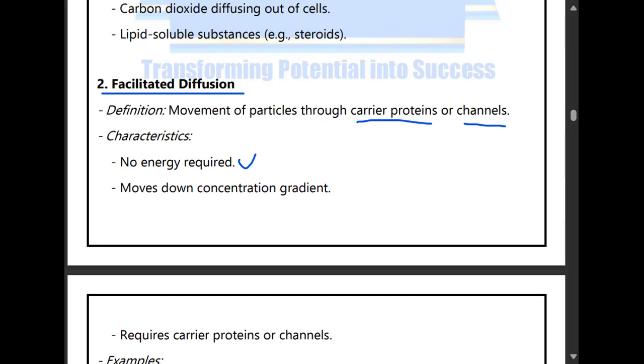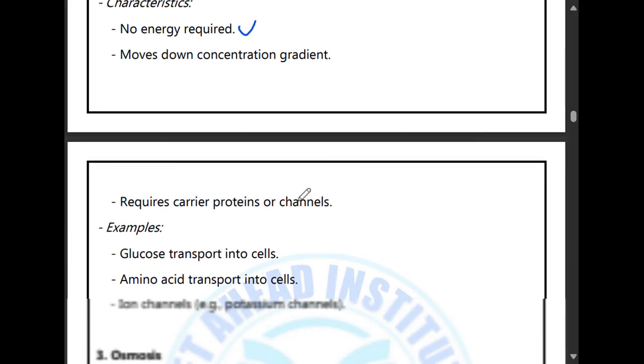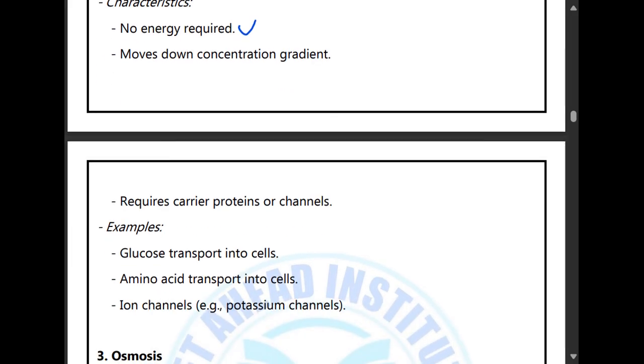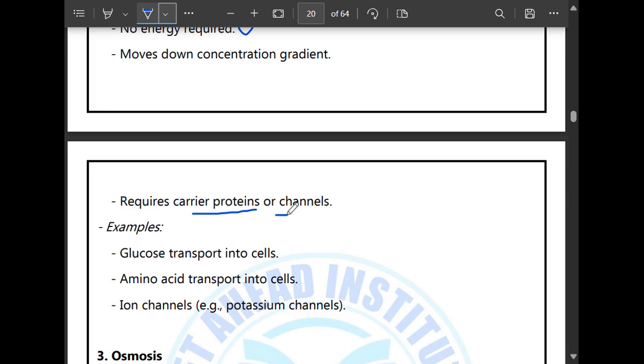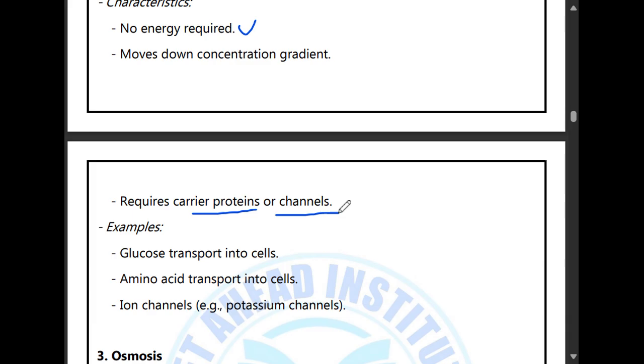Are we together? The only major difference between facilitated diffusion and simple diffusion is that in facilitated diffusion, you have the use of carrier proteins or channels. Are we together?